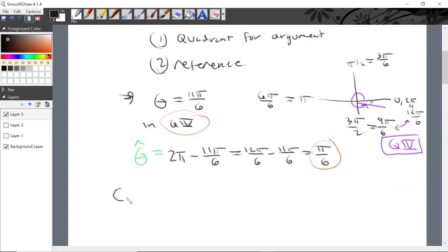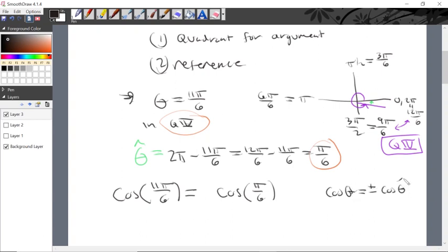So now we have the cosine of 11 pi over 6 is equal to, we have to figure out if it is either plus or minus the cosine of pi over 6. Recall that the cosine of theta is equal to plus or minus the cosine of theta hat, where the sign is determined by quadrant, and theta hat is the reference.